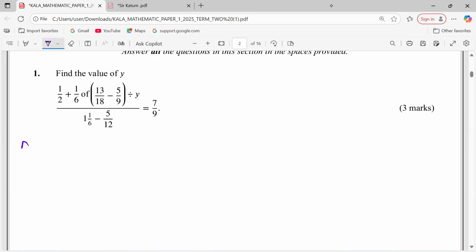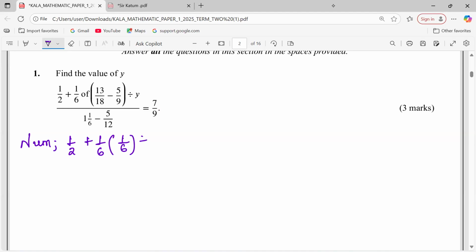I first deal with what is inside the brackets, 13/18 minus 5 out of 9. This gives us 1/6.